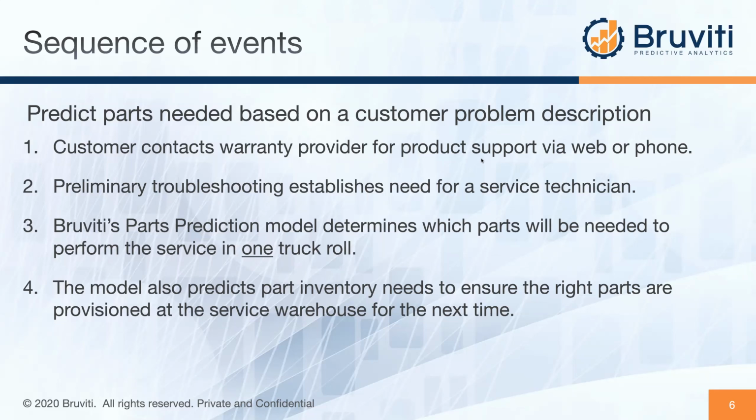So you will see control board and heating element as potential parts, but heating element with an accuracy of 80% versus control board with an accuracy of 10%. That's the way a servicer or a call taker can determine which parts to be provided as part of the requirement.